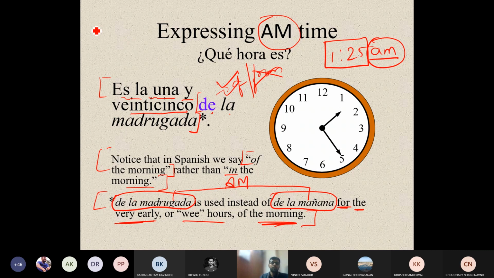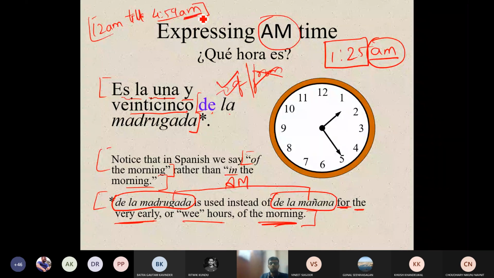So what is very early and wee hours? Starting from 1 a.m. until you can say 4:59 a.m. If you are expressing any time with a.m. in it in that range, it is better to use de la madrugada.